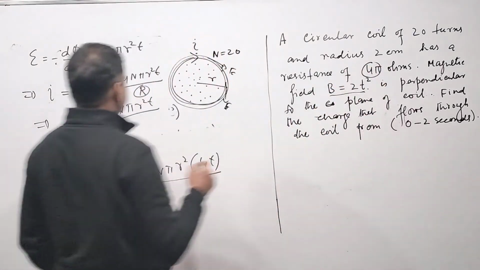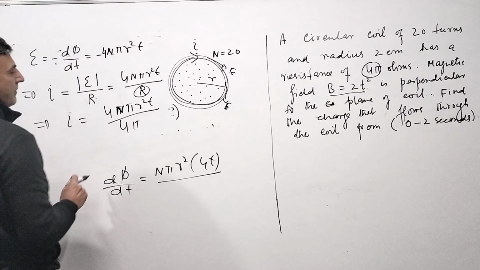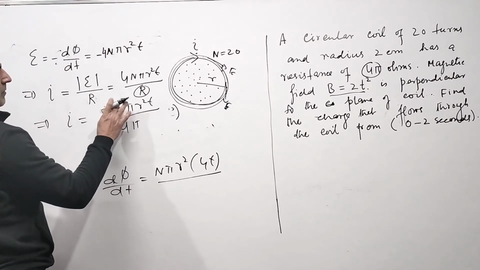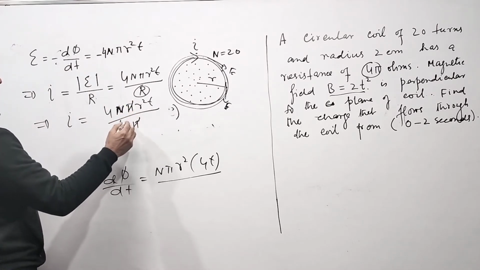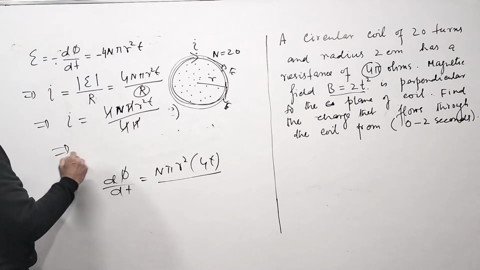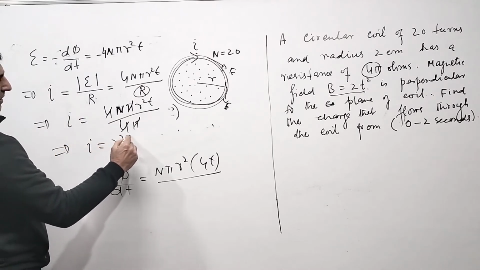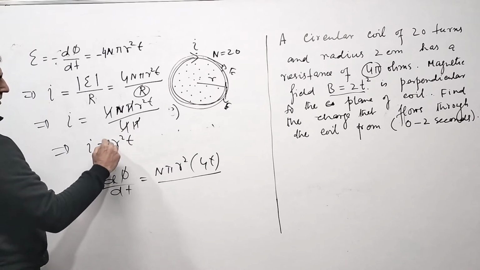That's 4 pi. It gets cancelled. So what's the current? N times R square t.